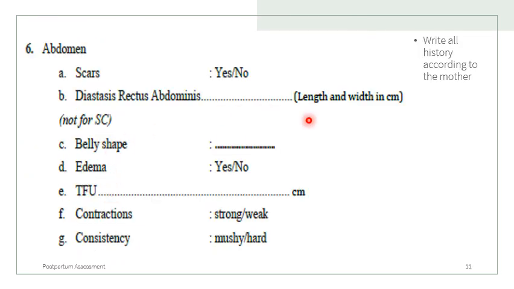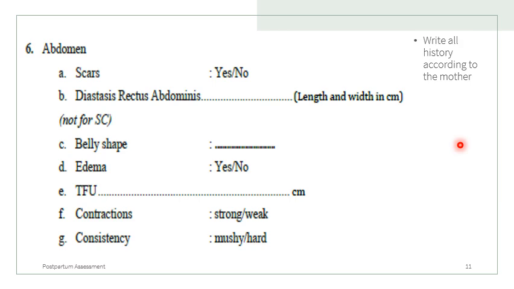The next one, we assess the abdomen. As we know, the mother just delivered a baby, so we will see how she delivered the baby, whether it's through cesarean section or vaginal delivery. So we check the scars, we check if there is any diastasis recti abdominis, we see how's the belly shape, we see if there is edema, we assess the fundal height of the patient, and we see if the patient still has contractions, and if the contraction is consistent or the contractions just stopped.